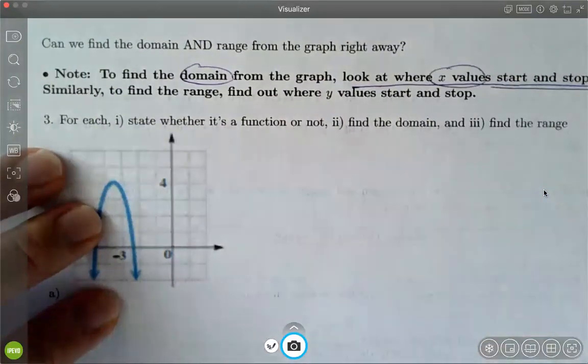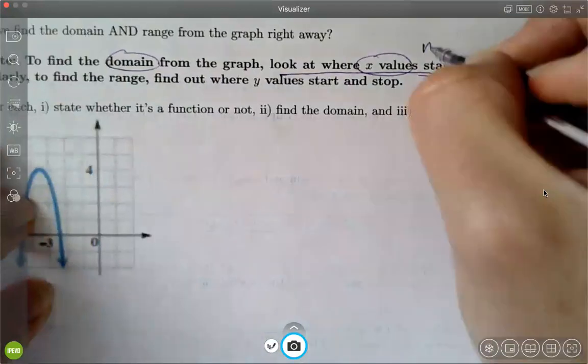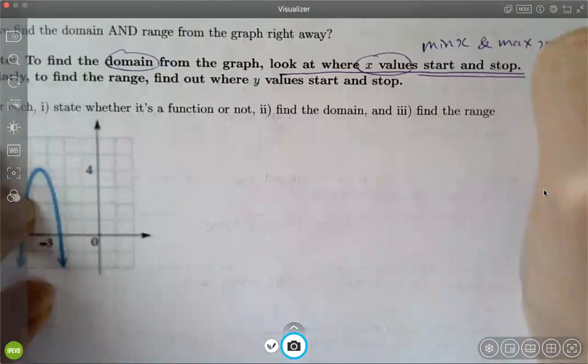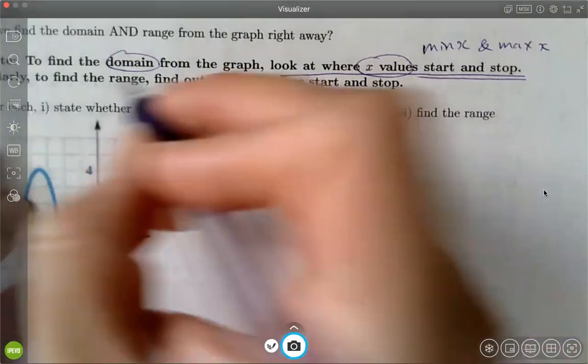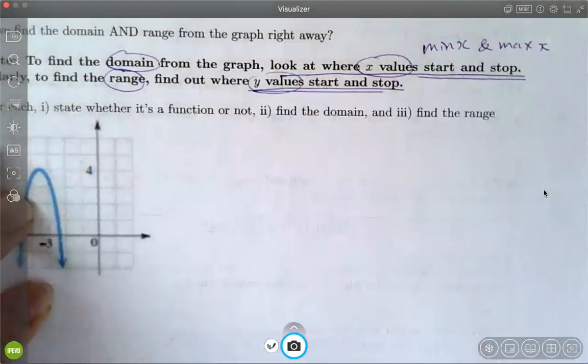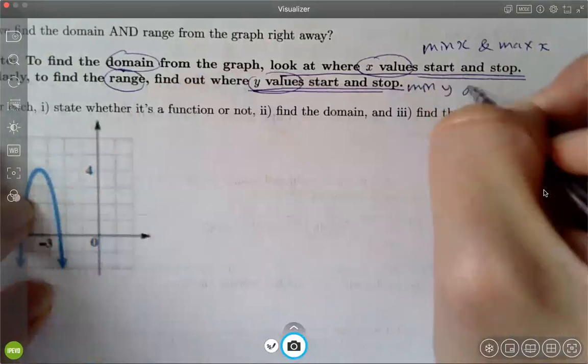Here I said start and stop, but I actually mean find the minimum x and the maximum x. And then to find the range, do the same thing, but this time for the y values. Again, this means find the minimum y and maximum y.